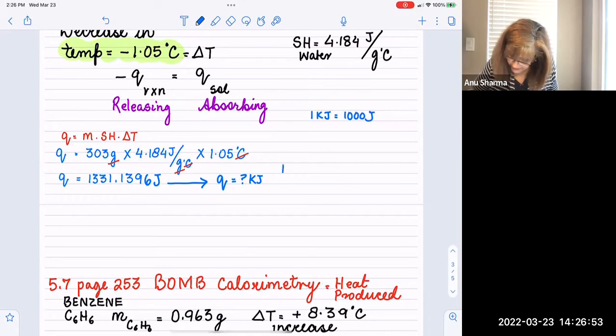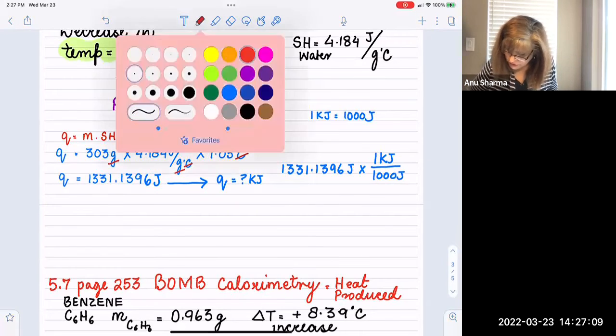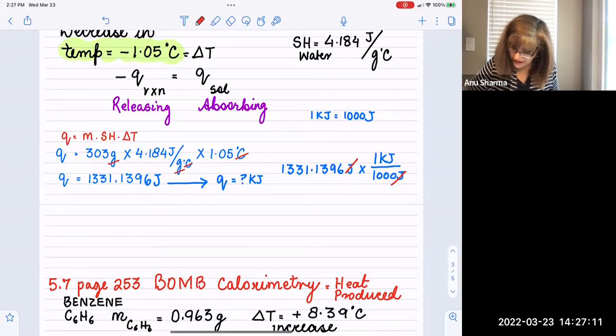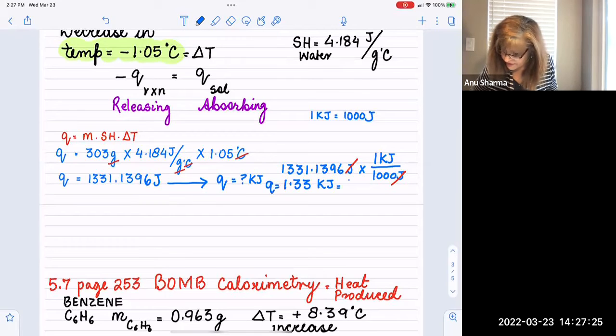So 1331.1396 joules times 1 kilojoule over 1000 joules, and that cancels out the joules, and you are just left with the kilojoules. So the answer comes out to be 1.33 kilojoules. And that is the value of Q, the heat that is involved in this reaction.